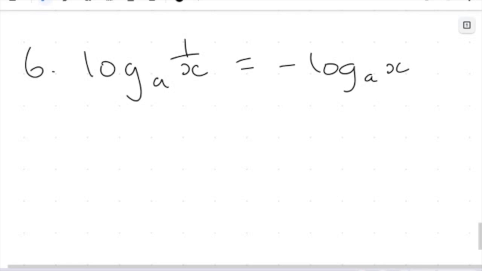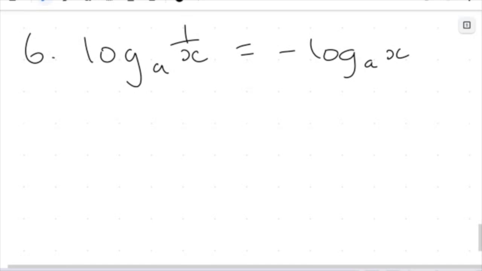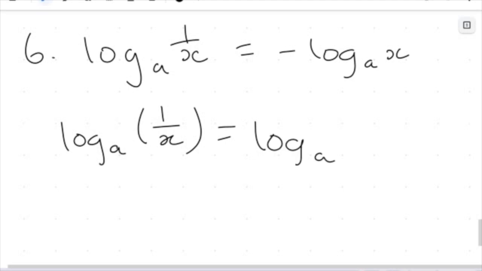Now, there's two ways to actually prove this. You can pause it and have a go on your own, but one of the ways is we can notice that this thing on the left-hand side, we can write this in a different way using our log laws. So, if I have log to the base a of 1 over x, I know based on the second log law that when I have numbers dividing by each other here, I'm going to get log to the base a of 1 minus log to the base a of x.